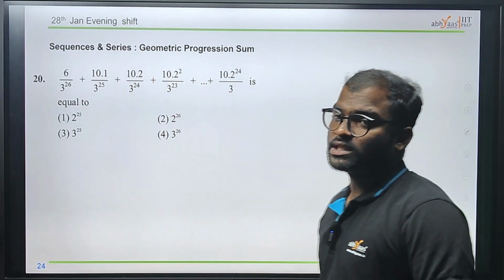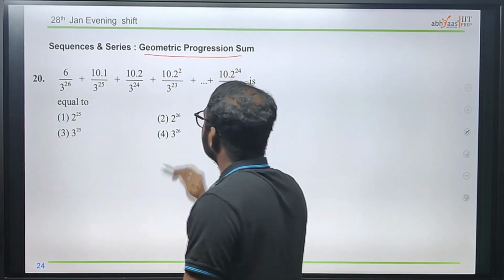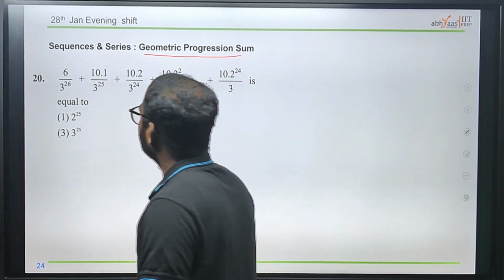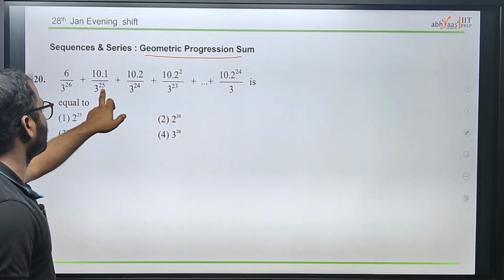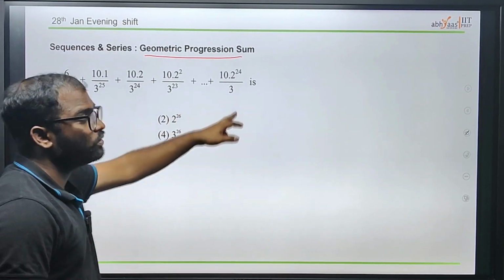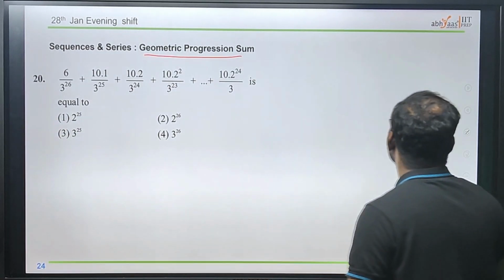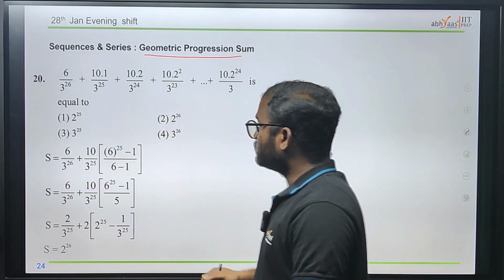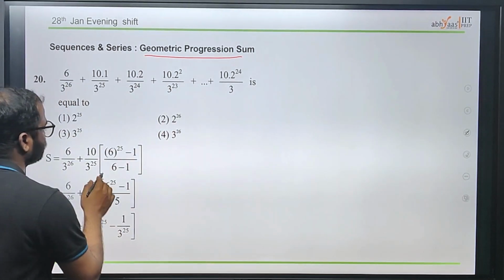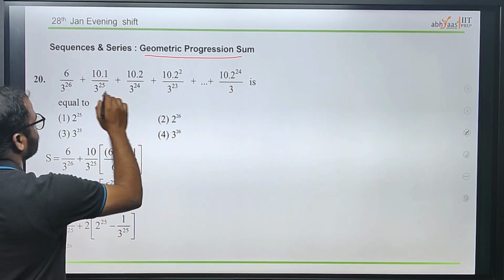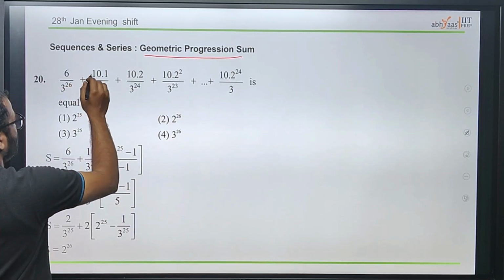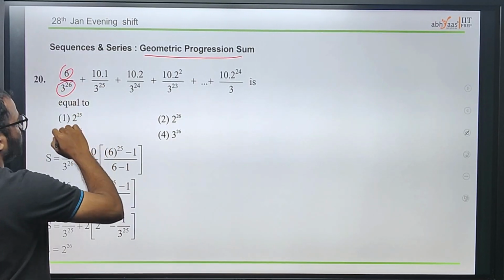Next thing, sequence and series, which is a geometric progression sum. If you observe, we have 6 by 3 power 26, 25, 24 and 23 up to 3. They are like a reverse one. Just using the geometric progression, we have 6 and 3 power 26 here.